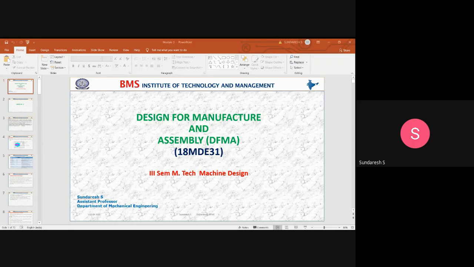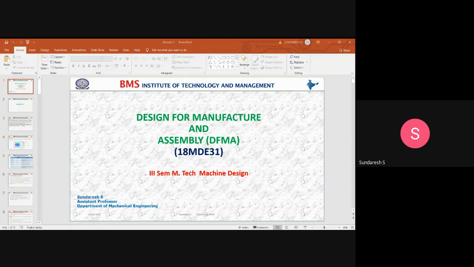Of course, first, how we are going to approach this module 3 is, we are going to consider the design considerations for casting, welding, and of course machining.